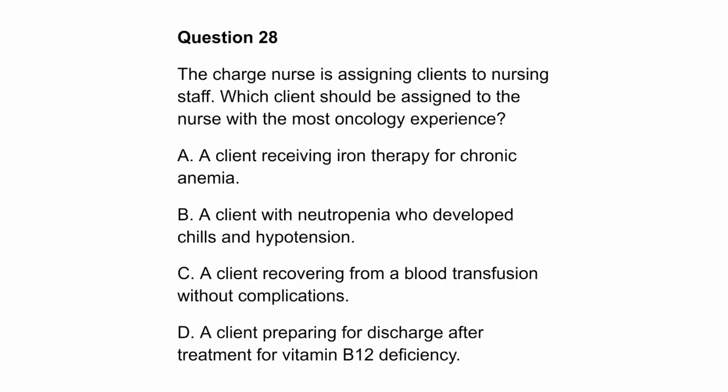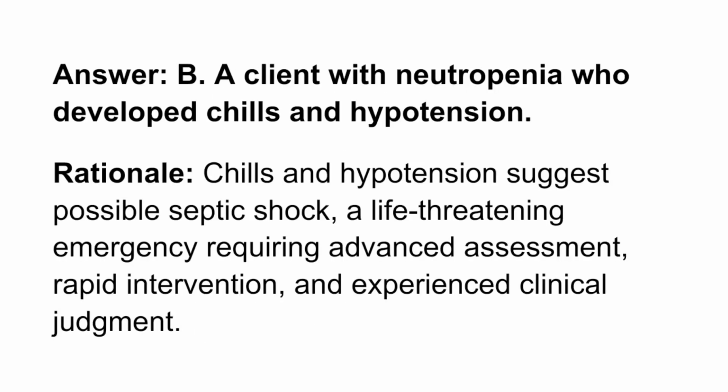D. A client preparing for discharge after treatment for vitamin B12 deficiency. Answer. B. A client with neutropenia who developed chills and hypotension. Rationale. Chills and hypotension suggest possible septic shock, a life-threatening emergency requiring advanced assessment, rapid intervention, and experienced clinical judgment.